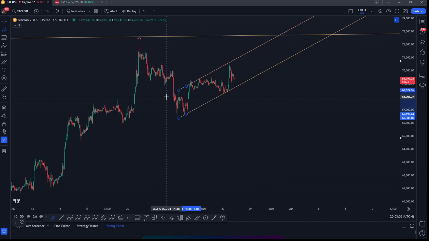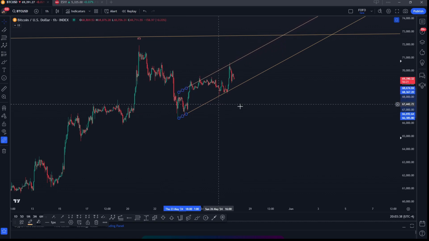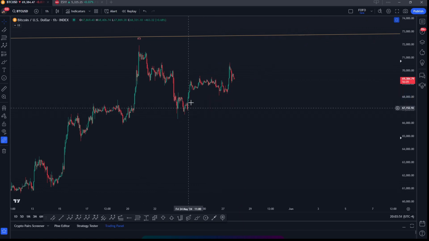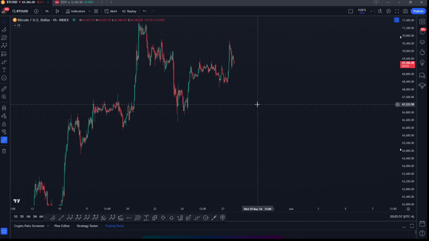You get a little overthrow, return to the channel, a little overthrow, return to the channel. And then this looks like a flat right here in the middle. Right there. So, jury's out.